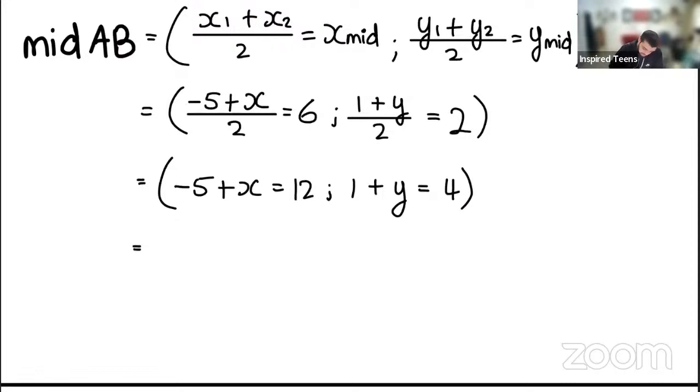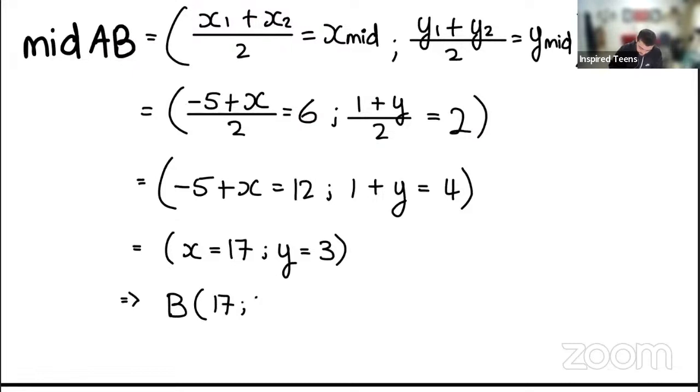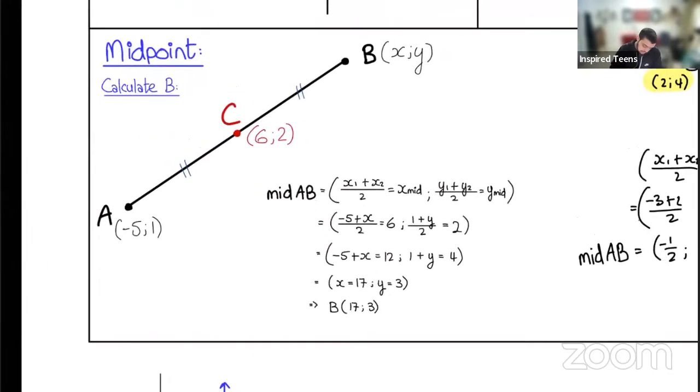Taking that over, I get x is equal to 12 plus 5 when it goes to the other side, 17. And y is equal to 4 minus 1, which is 3. So therefore, B's coordinates are 17 and 3.